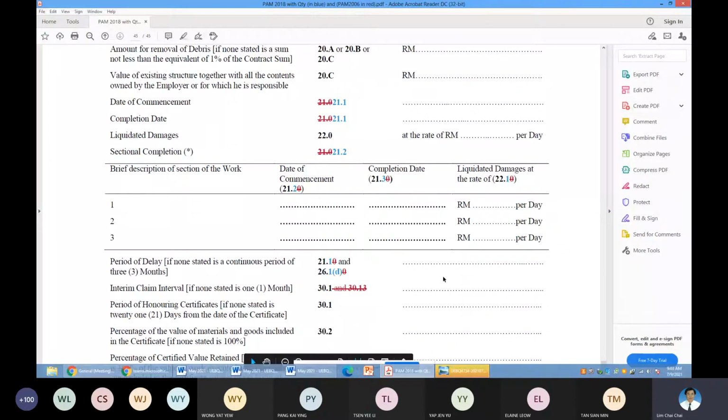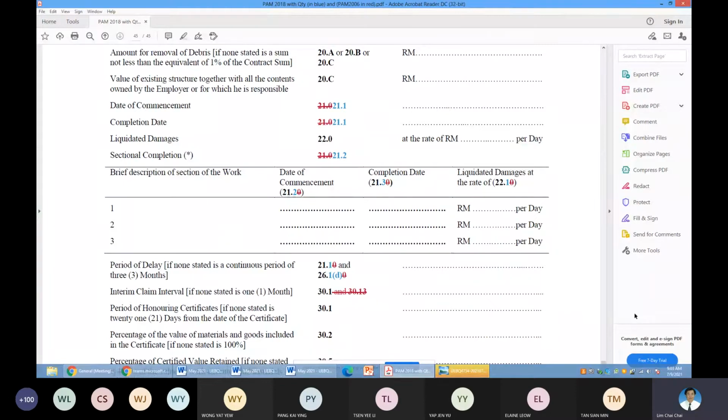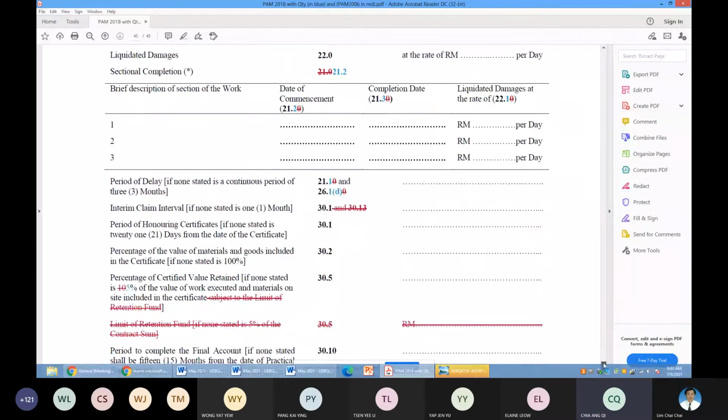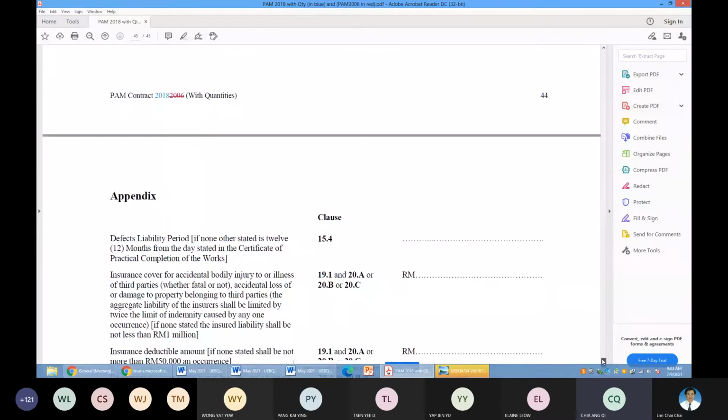These are the durations that are listed in the appendix. See here, if none is stated, it will be 12 months. That is clause 15.4 for your defects liability period, so that 15.4 is triggered.